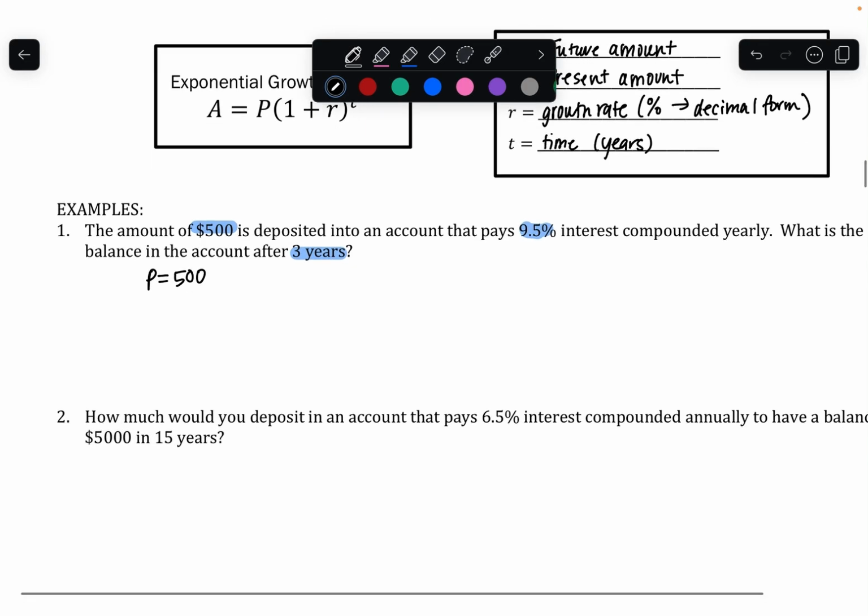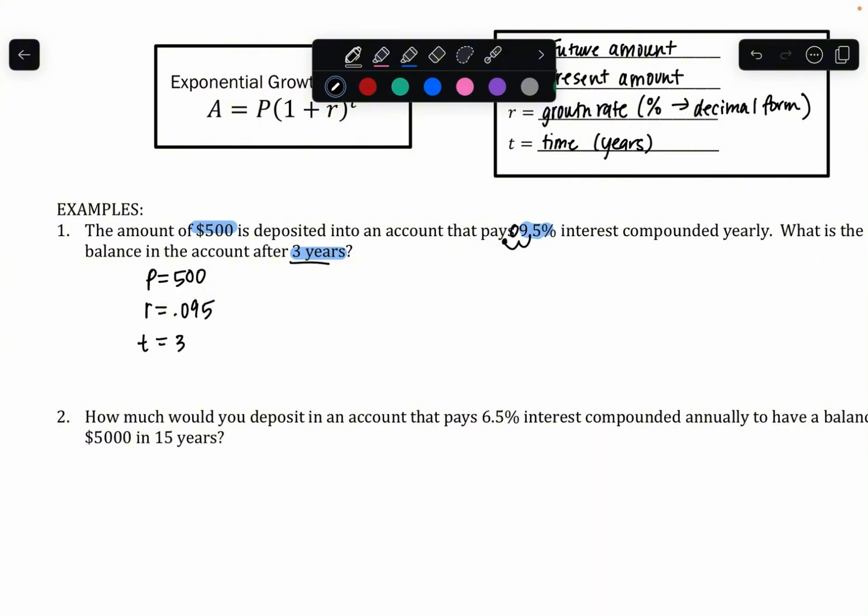The interest rate is 9.5%, and so it is growing by 9.5%. We want to move the decimal 2 places to get the decimal form. So our R value is 0.095. And then after 3 years, that's our T value. And so we're trying to find the future amount.